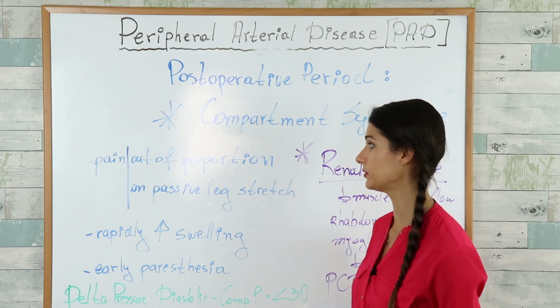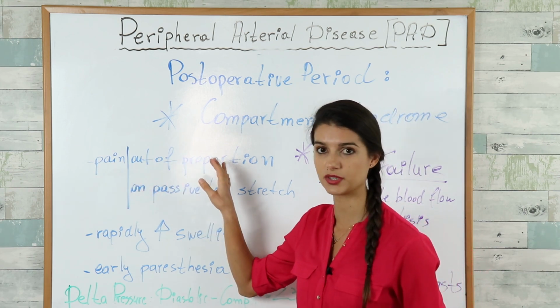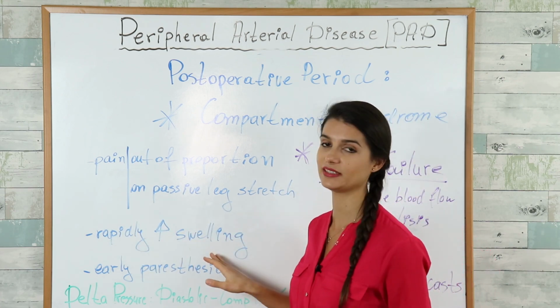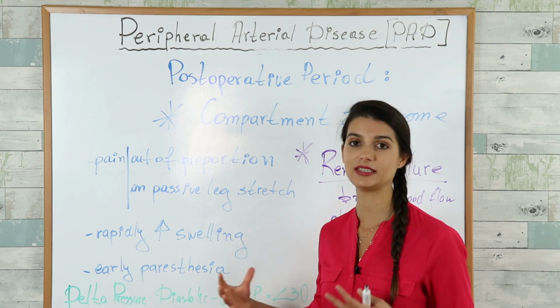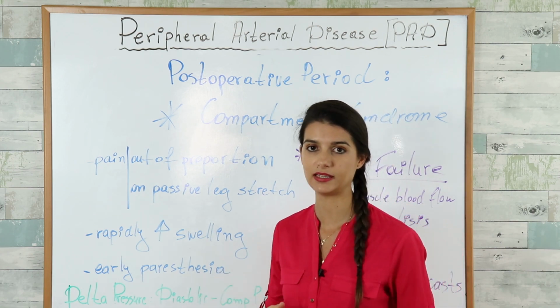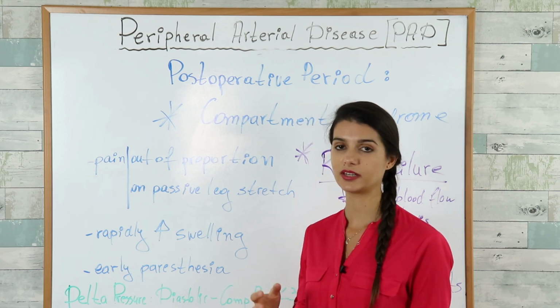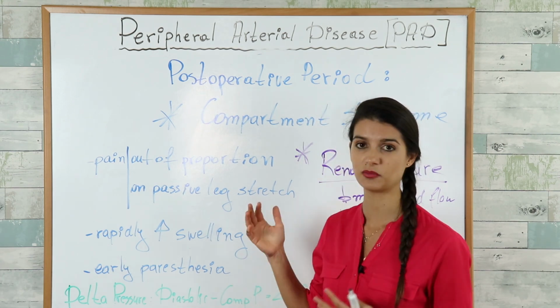So the patient will present with pain out of proportion and pain on passive leg stretch. Also, there will be rapidly increasing swelling and early paresthesia, basically feelings of pins and needles. And you can actually calculate the compartment pressure and figure out if there is a compartment syndrome or not.